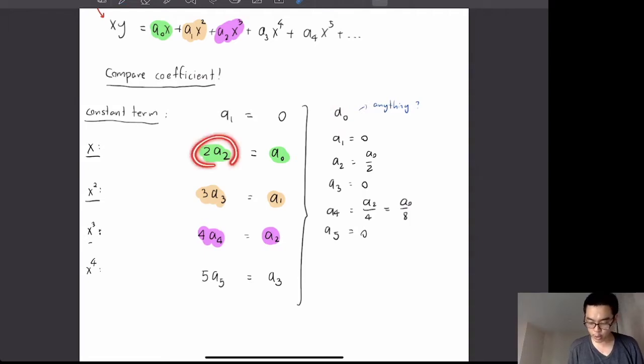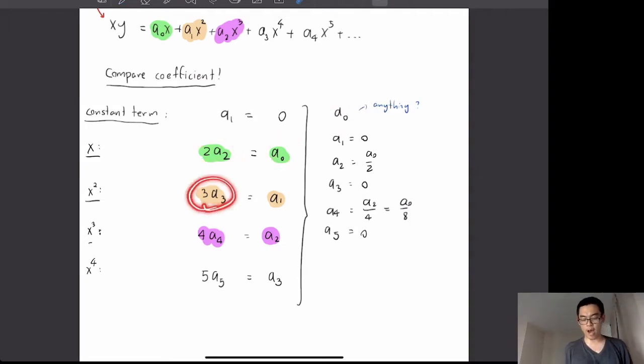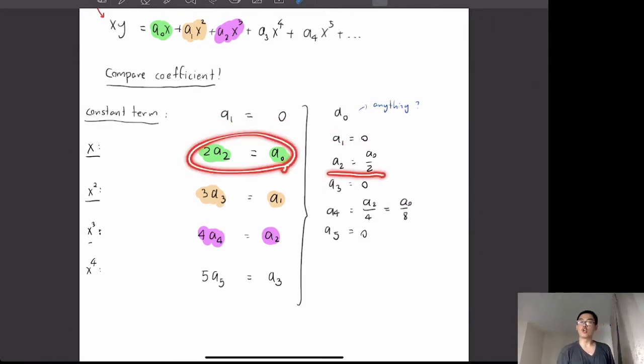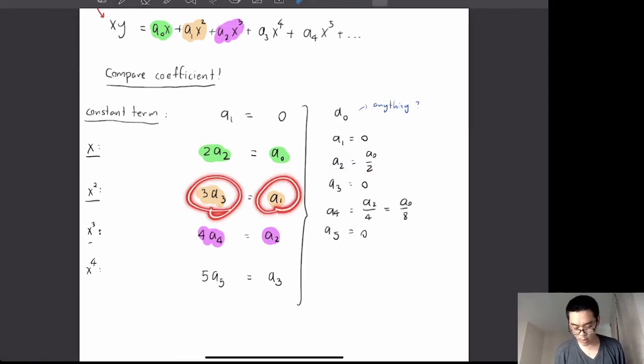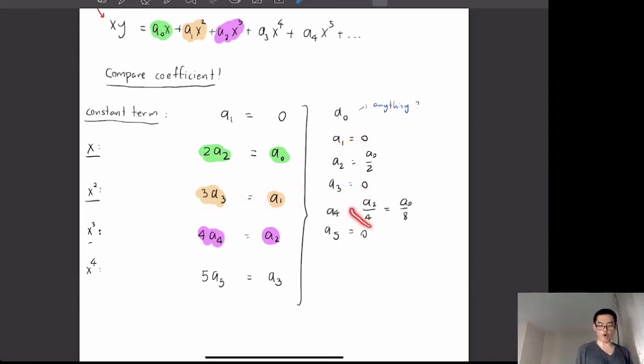And then you get 2a2 equal to a0, 3a3 equal to a1, and after that, things are gonna be compared to the term before. For example, you know a1 equal to 0 because of this equation, and you know a2 equal to a0 over 2 because of this equation. So what's gonna happen here is that you let a0 be anything. Now a2 is gonna follow the rule from a0. 3a3 equal to a1, but a1 is 0, so you know a3 is 0. a4 becomes a2 over 4, right?